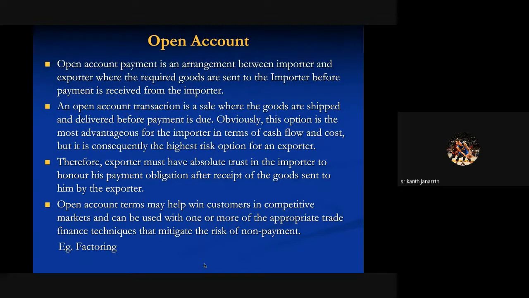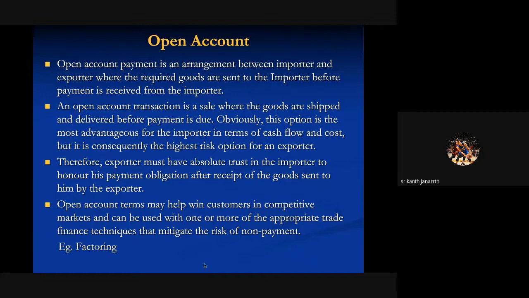Now, what he will do, there is something called factoring. These are ways of financing. There will be some companies that will take over this outstanding receivable from Sri Lanka, and they will finance the exporter, and they will collect the money. Of course, they will charge a fee, a kind of discounting. So the exporter who sends on open account need not wait for 6 months or whatever to recover each 100,000 from Sri Lanka.